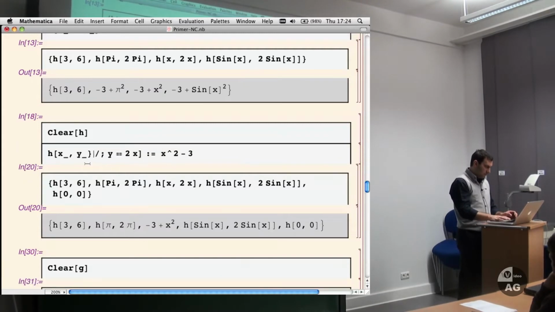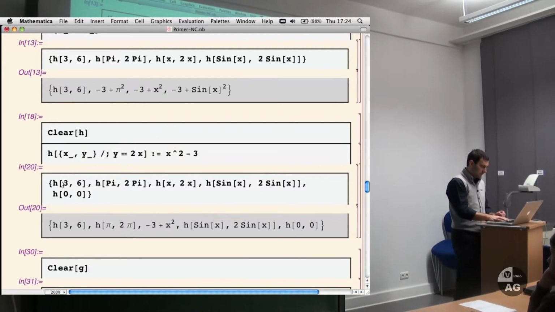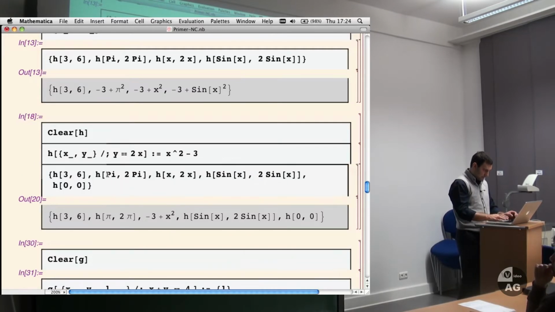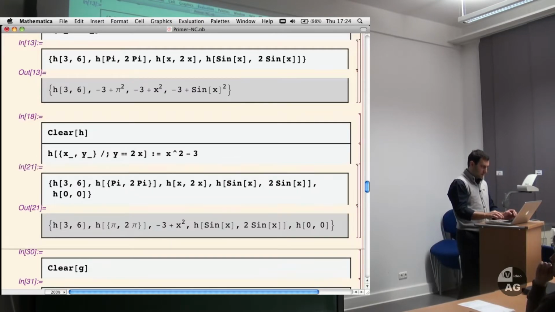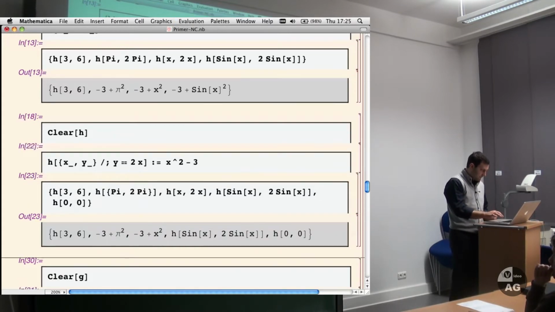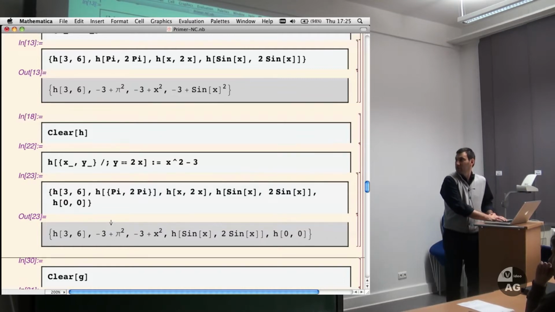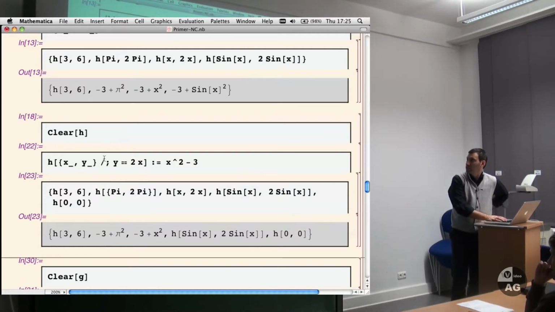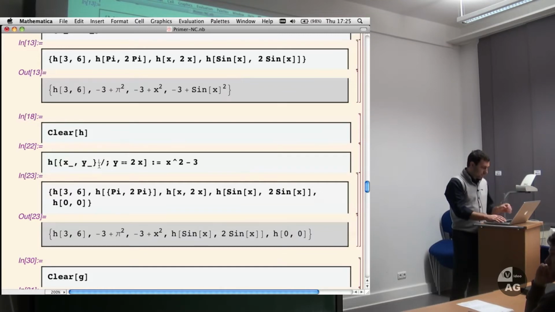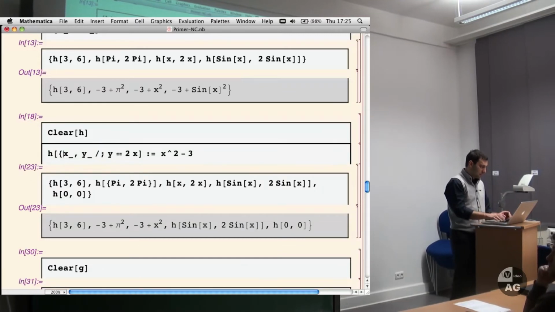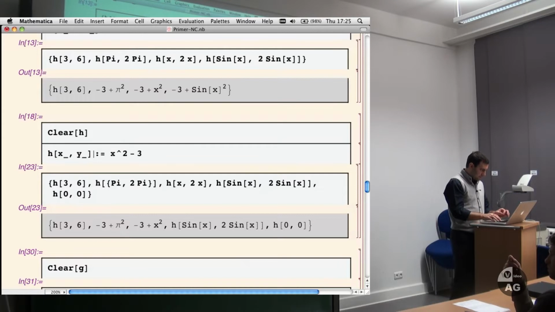So if you do this, then things start working again. Oops, no, they don't. Yeah, they do. See, now things start working again. It's subtle, okay? I didn't want to get to this level of detail. Also, you can place the constraint after the definition, but to me it's more difficult to read, so I place it here.